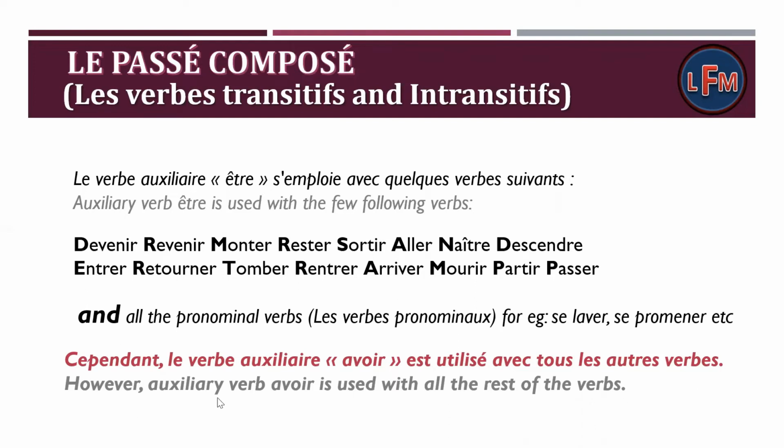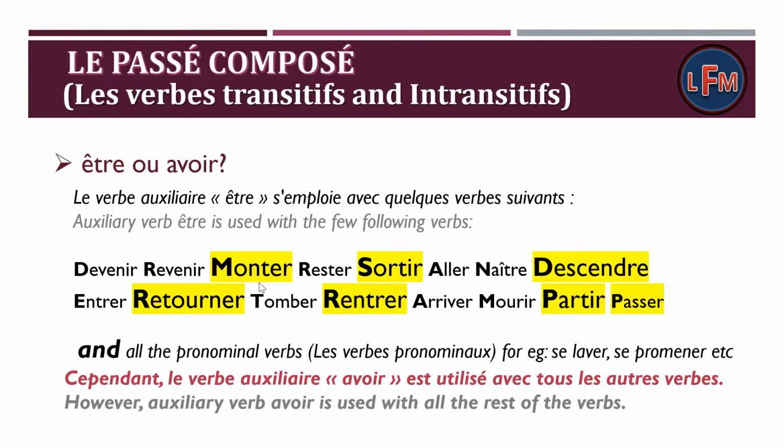However, auxiliary verb avoir is used with all the rest of the verbs. But there are a few verbs which go with both être and avoir. So what are these verbs?